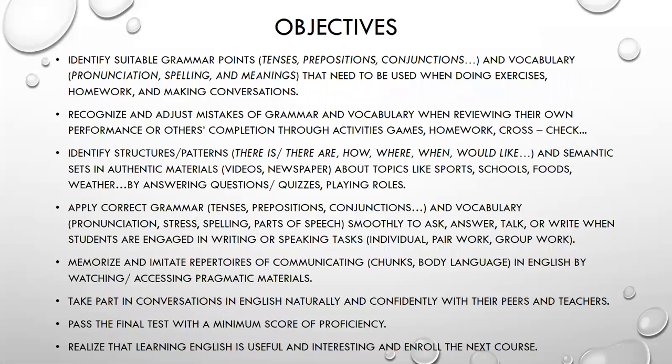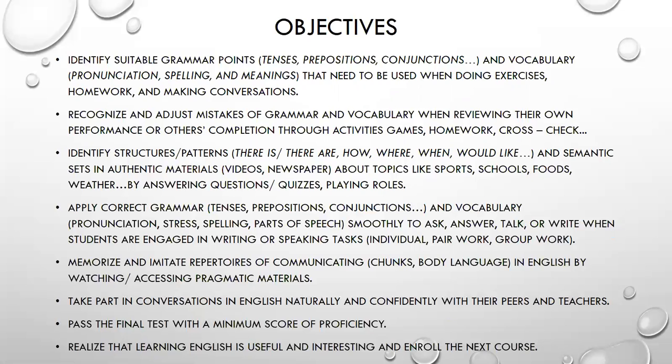The objectives are also designed based on some criteria. After this course, the students can identify the suitable grammar points and vocabulary that need to be used when doing exercises, homework, and making conversations.